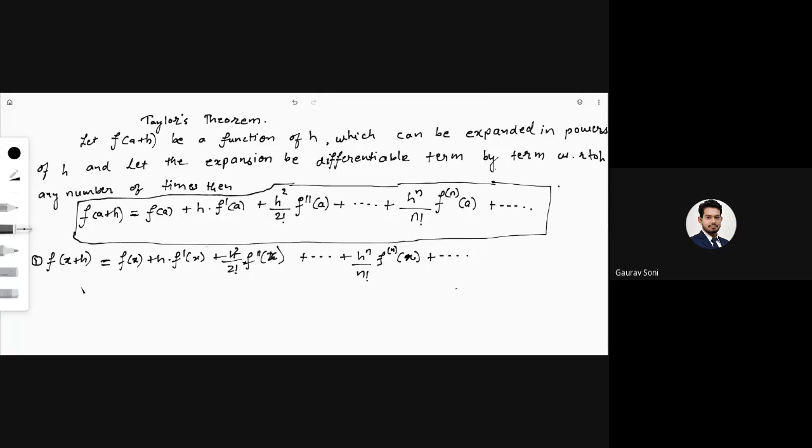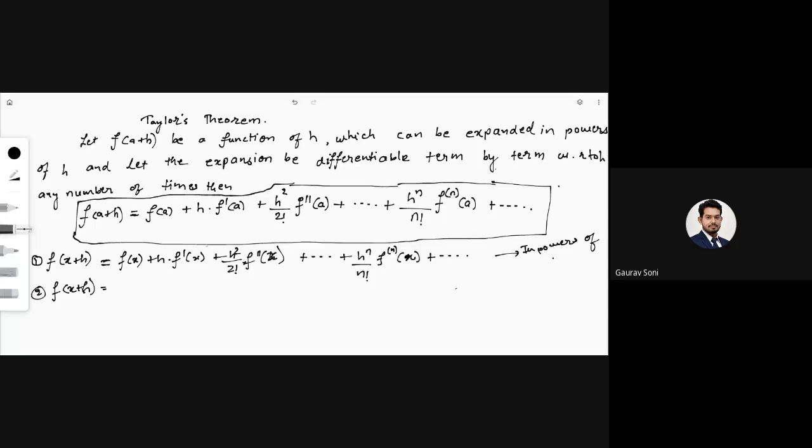I can also get the expansion in powers of x. If I want expansion in powers of x, then what is the change I should do? Anyone? What is the right hand side in the first one? We change the function in terms of x.